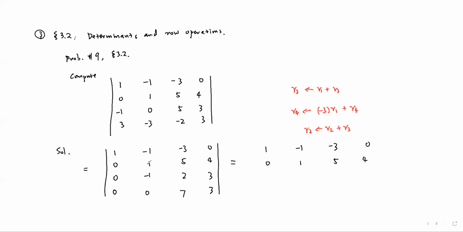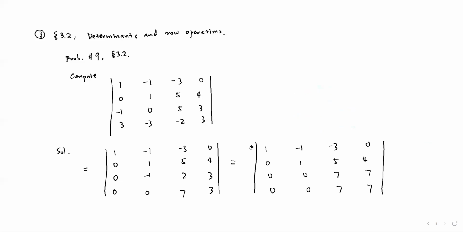Now row 2 added to row 3 gives 7. A determinant is a number, so this number is equal to this number. Let me erase and continue my solution here.